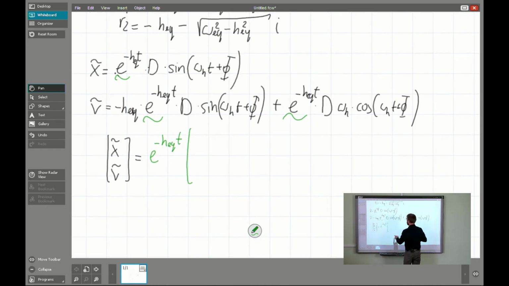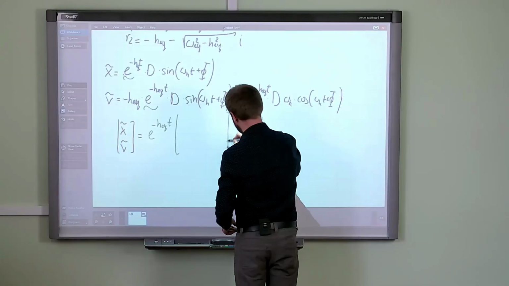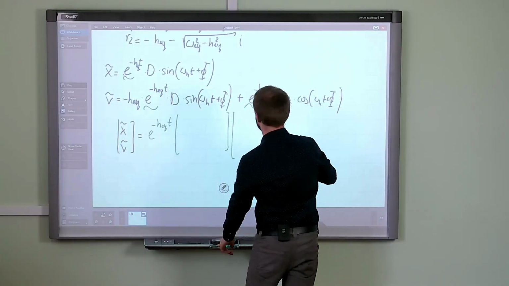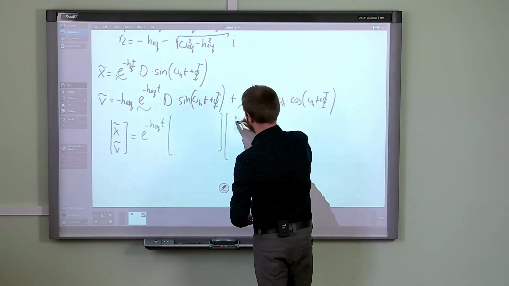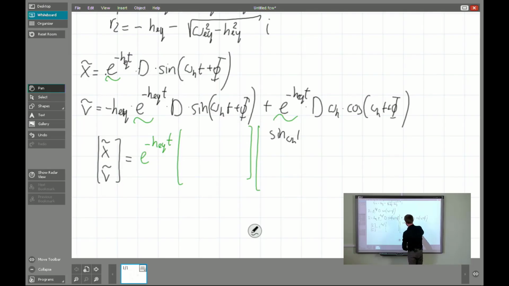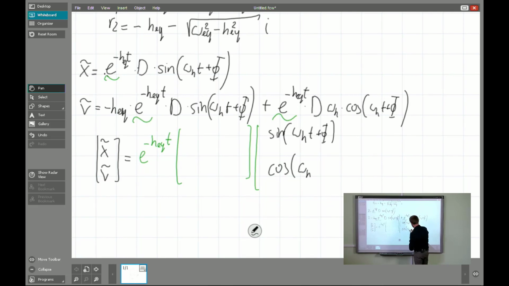plus some affine matrix as a transformation, and there will be the vector which is composed of the sine of omega h t plus phi. Oh, sorry, it's not especially readable. And from the other point, we have the cosine as a second element, omega h t plus phi.